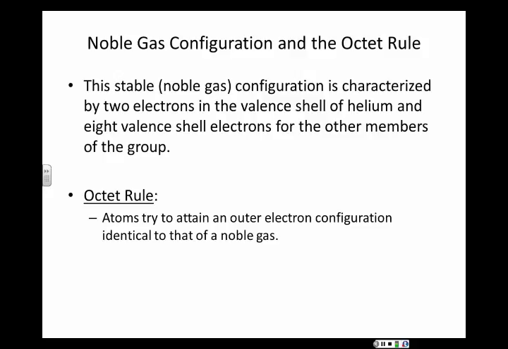Basically, they are trying to be like their nearest noble gas. And this is one of the key underpinnings to understanding anything that happens in chemistry. So you have to understand that elements are trying to get electron configurations like noble gases: 8 electrons in the valence shell, or 2 in the case of helium.